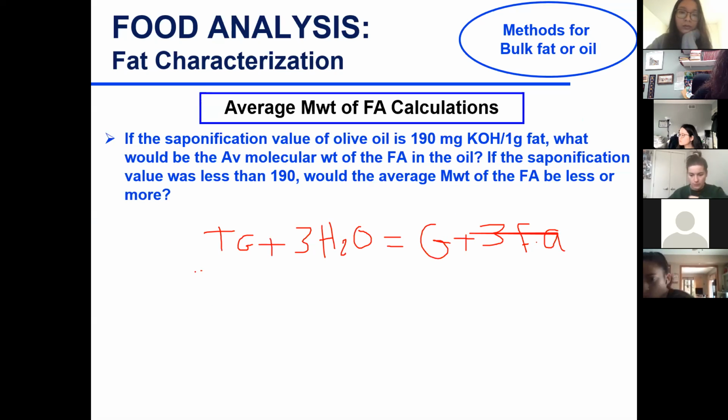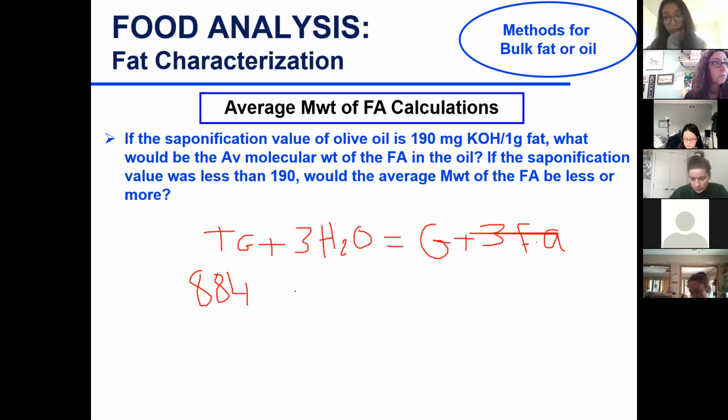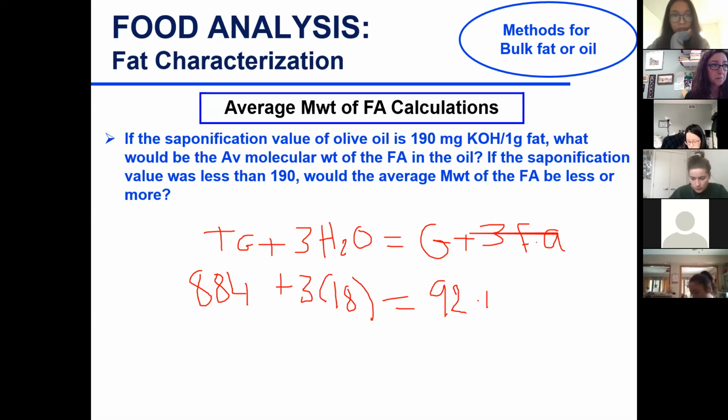So the triglyceride molecular weight we got is 884. I'm going to give you in the exam, if this question comes up, that the molecular weight of water is 18. So then you go plus 3 times 18 equals, I'm going to give you the molecular weight of glycerol plus 3 fatty acids.